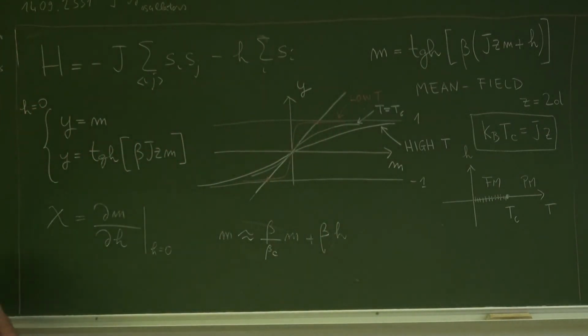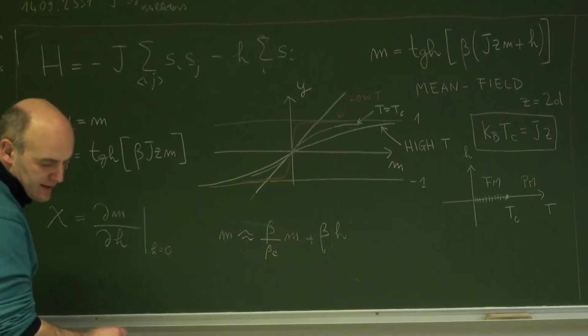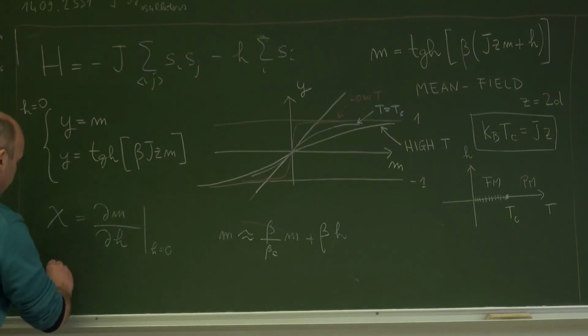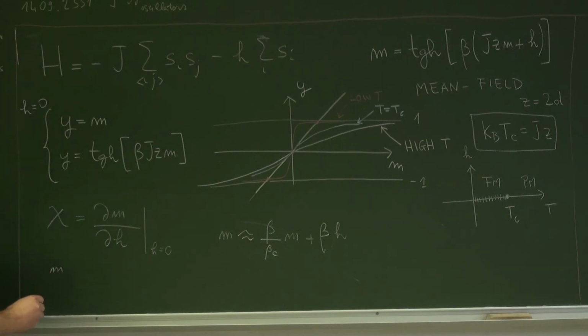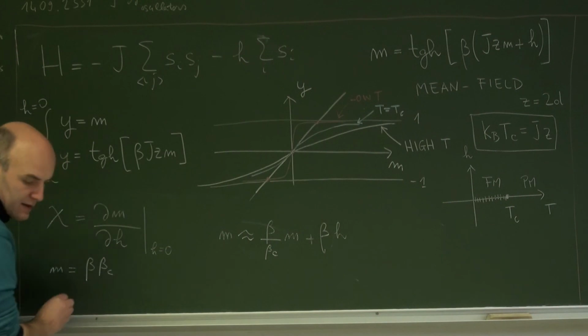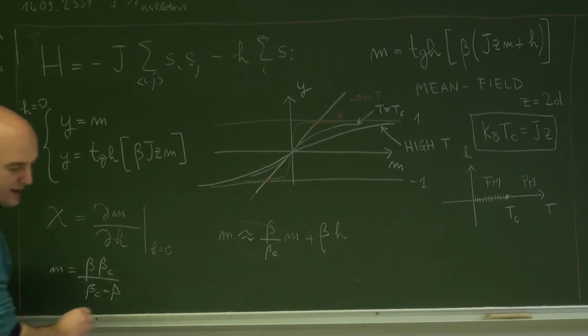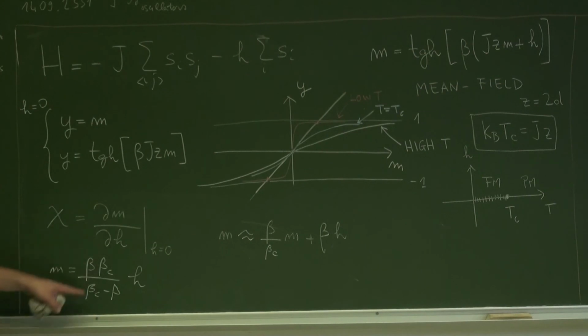I bring this to the other side, and then I find that m is equal to beta times beta c divided by beta c minus beta times h, and therefore the magnetic susceptibility is just given by this derivative.